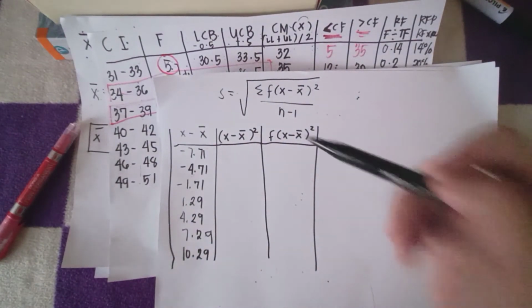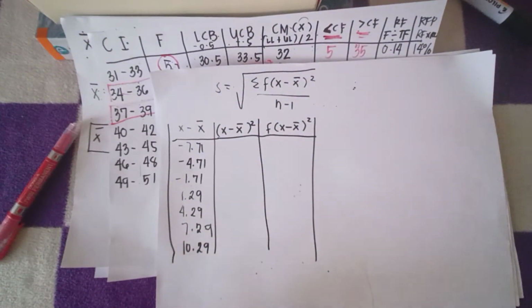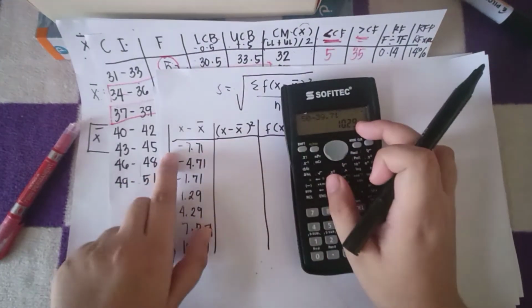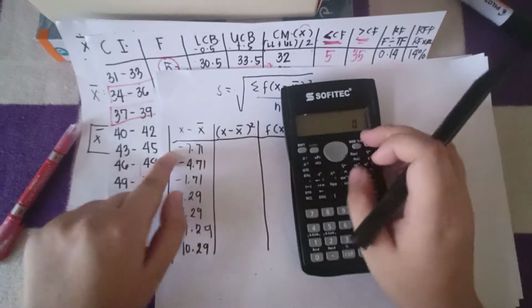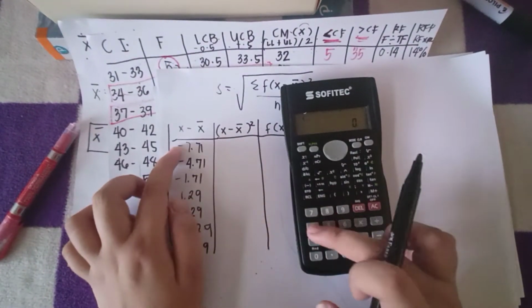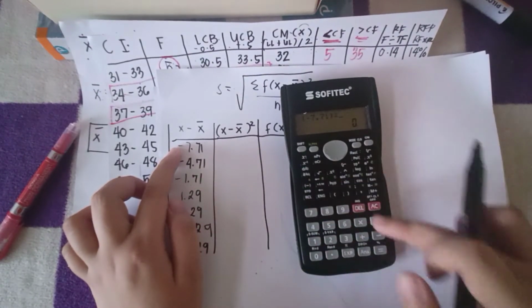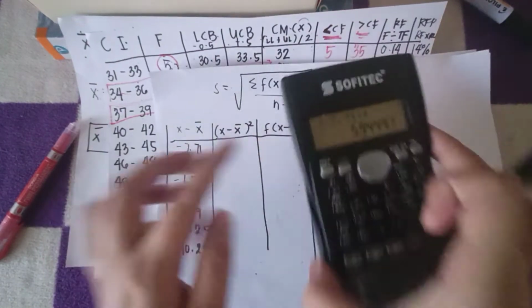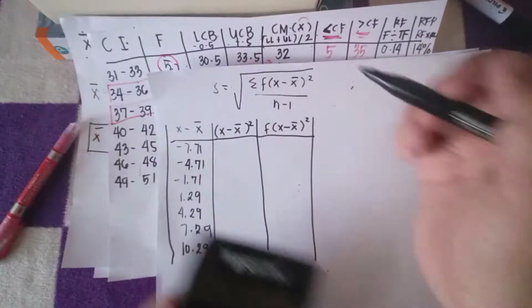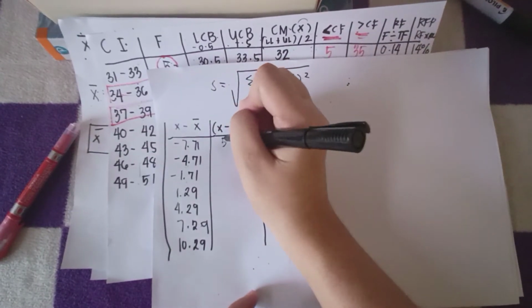Tapos, sunod po, kunin nyo yung naka-squared. Squared nyo lang sila. Gamit kayo ng parenthesis para mag-positive yan. Negative 7.71 squared is 59.44. These two decimal places.